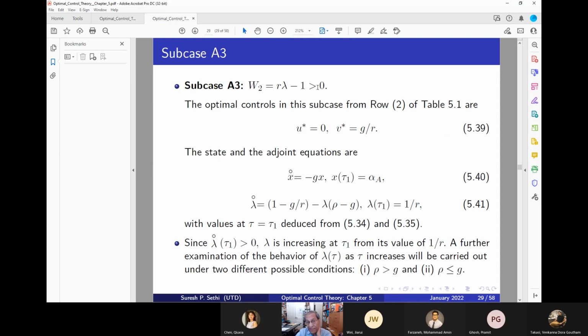A3, W2 is strictly bigger than 0. Optimal control in this subcase is 0, and V star is G by R. And the state and adjoint equations are x dot equals minus gx. X star at tau 1 is still alpha A because we did not grow x.